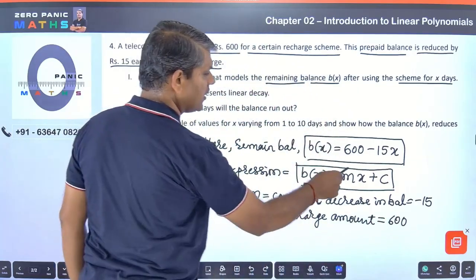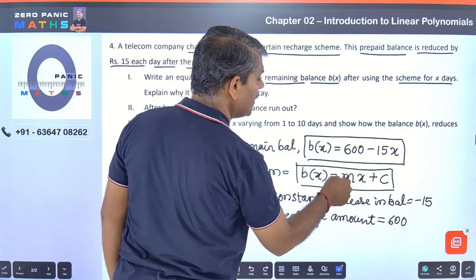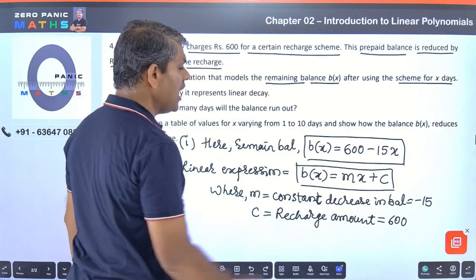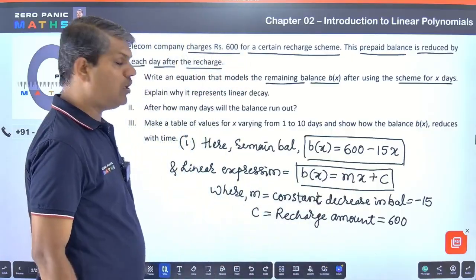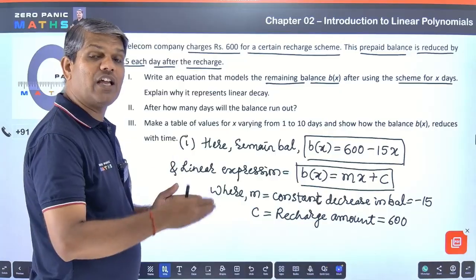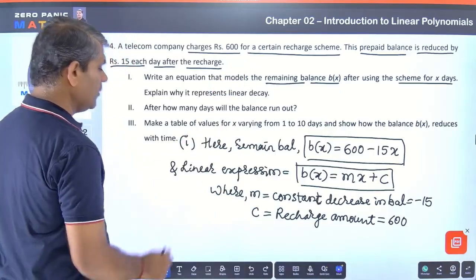Okay, so in this equation, if you put 600 as the value of c and minus 15 as the value of m, and go on putting the different values of x, 1, 2, 3, you are going to get the balance after 1, 2, 3 months and so on.